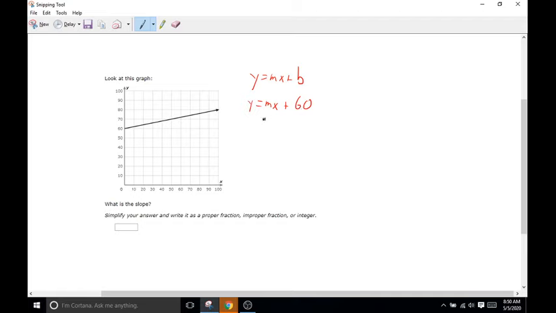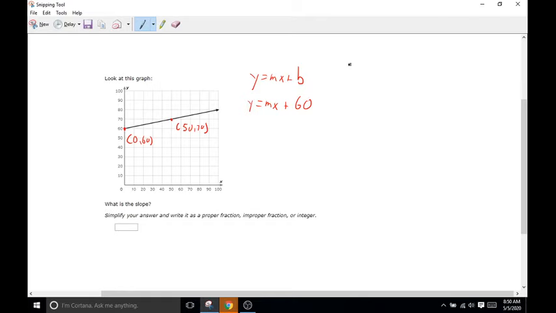And now the slope, remember, is the rate of change. So what you can do is isolate two different points on the line and then do our change in y over change in x. So we definitely know for sure that we have 0, 60. And it looks like we have one right here as well at 50, 70.